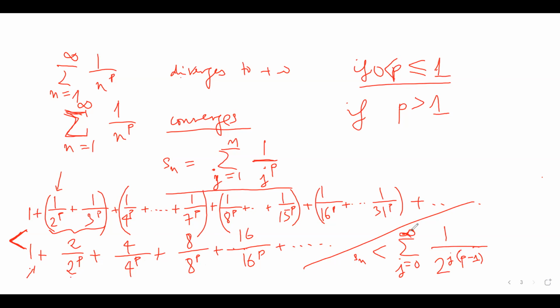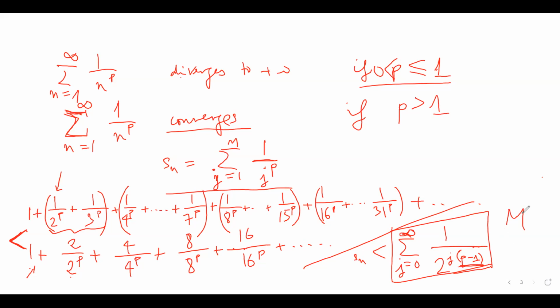And now you see why we need p bigger than 1, because you want this exponent to be positive, right? If p is less than 1, then this is negative, so in fact this is something that's very large. And so now all you have to do is to show that this series converges. And that would give you the bound. And in fact, this is something called the geometric series.